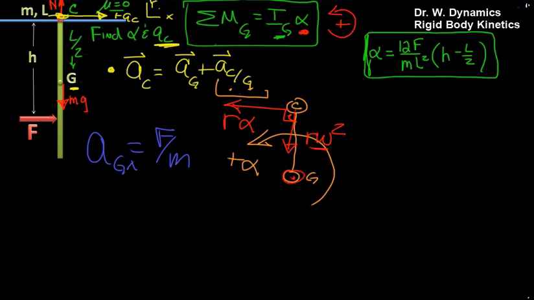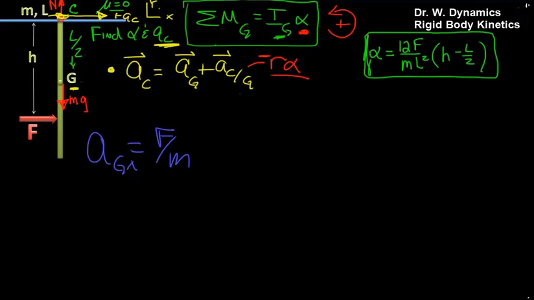However, this thing's at rest initially, so that doesn't exist right now. We really only have that. So we end up with the acceleration of point C as observed from G for a positive alpha is going to be in the negative x direction. This term is negative R alpha of C with respect to G.